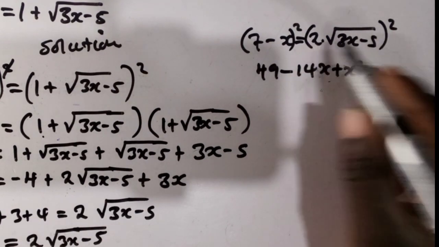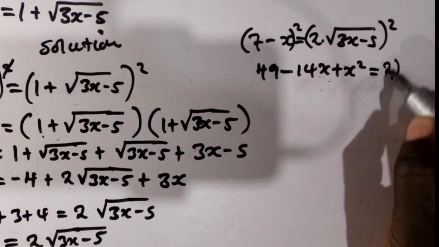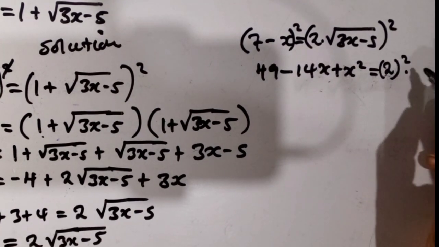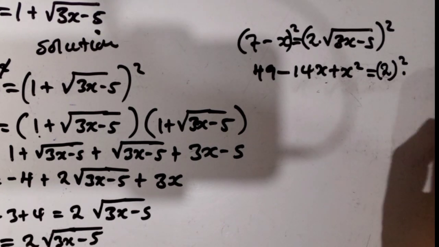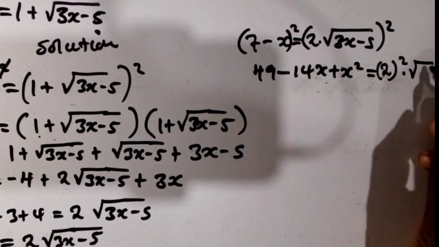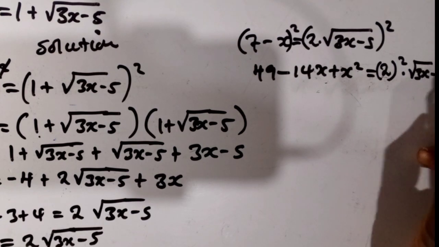You square 2, which is 2 squared, multiplied by 3x minus 5.